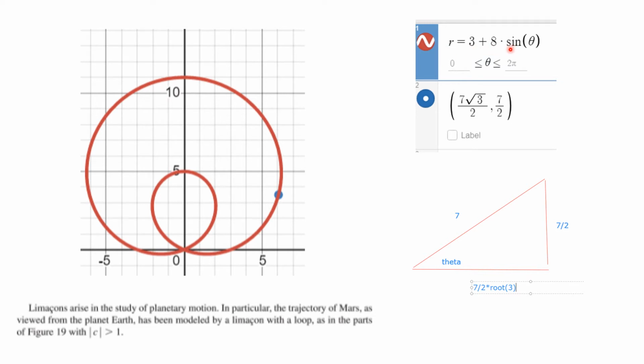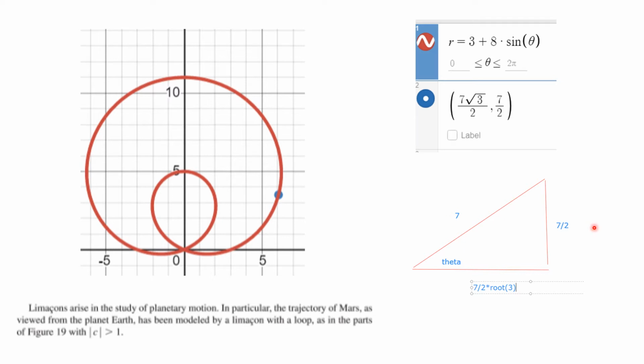So r is 7. That means I actually have a little right triangle here, where r is 7 and theta is the angle. I could have marked theta there, but it wasn't worth my time. We know this is a 30-60-90 right triangle, with angles pi over 6, pi over 3, and pi over 2. So it's a special triangle with the side ratio of 1, 2, and the square root of 3.